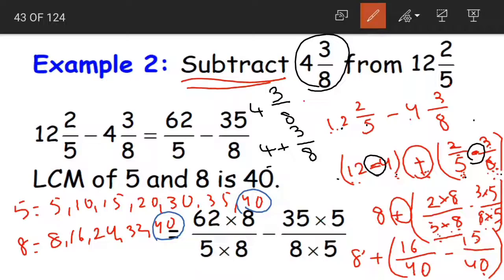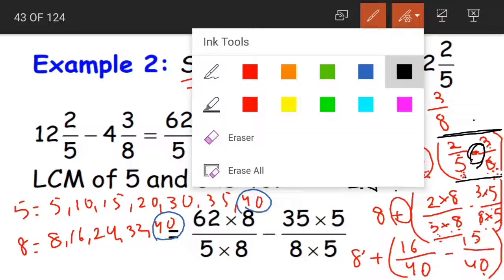So ultimately we have to add the whole number part and the fractional part. That is why we are adding the difference of whole numbers with the difference of the fractions. Okay children, how will we get our mixed fractions? By adding the whole number and the fraction. Here as we are subtracting them, we are adding the difference of whole numbers and the difference of fractions.